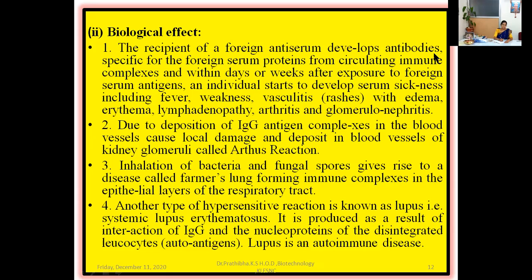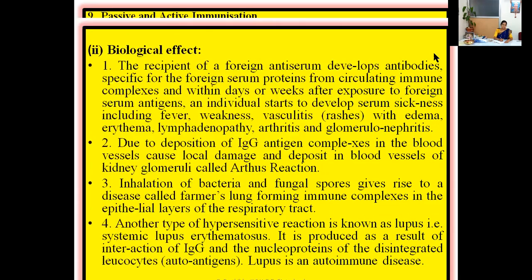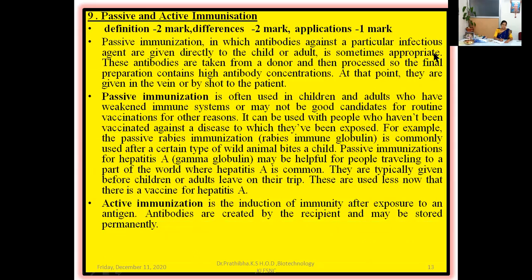Lupus is an autoimmune disease. Now the next question is passive and active immunization. Definition 2 marks, differences 2 marks, applications 2 marks here. Now let us go through the passive immunization.